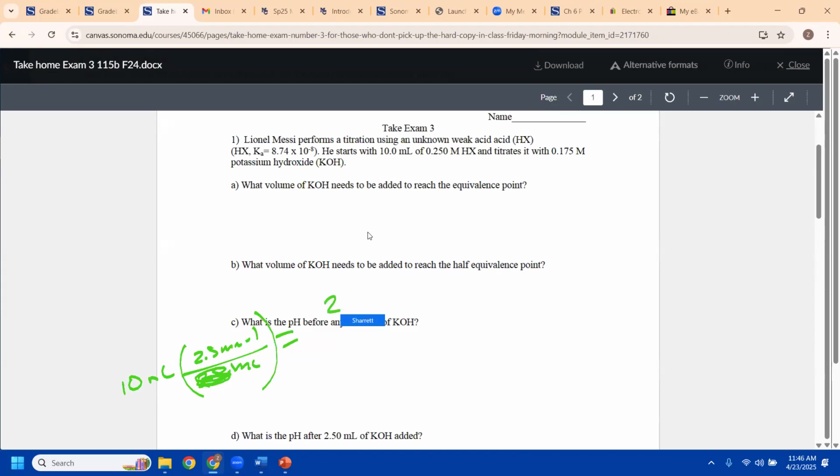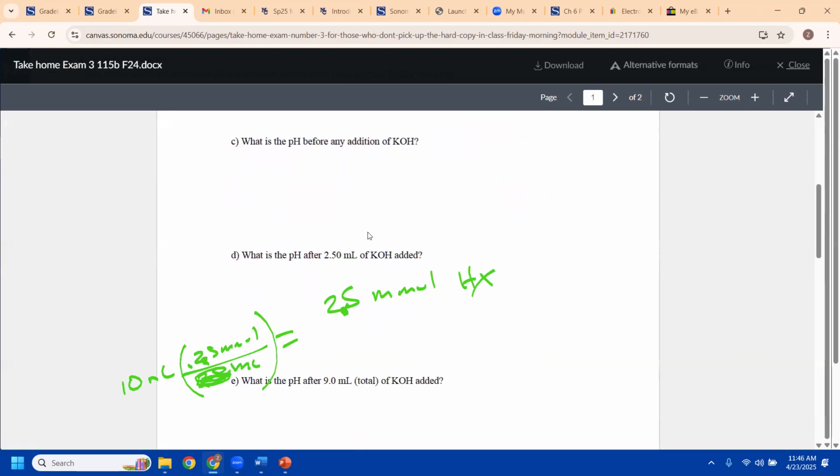So 10 mils times 0.25 molar is 2.5 millimoles of HX. Does that seem right? So we have 2.5 millimoles to start with.